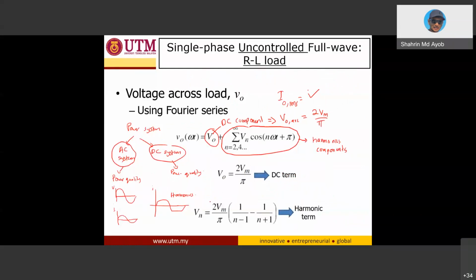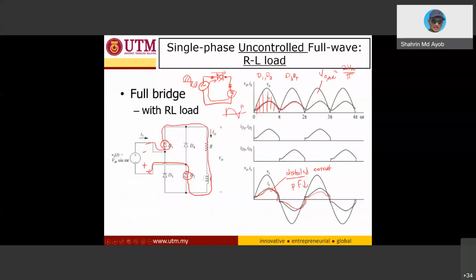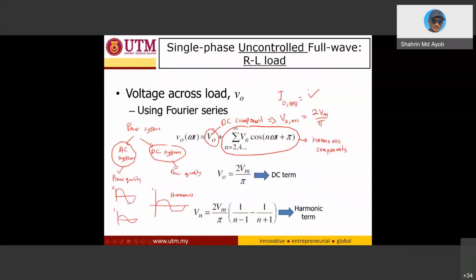Harmonics inside the power system are very dangerous and we want to eliminate them. If your current waveform differs from sinusoidal, we say the current has harmonics. Same with the voltage: if your voltage waveform is distorted, that voltage has some harmonics component.